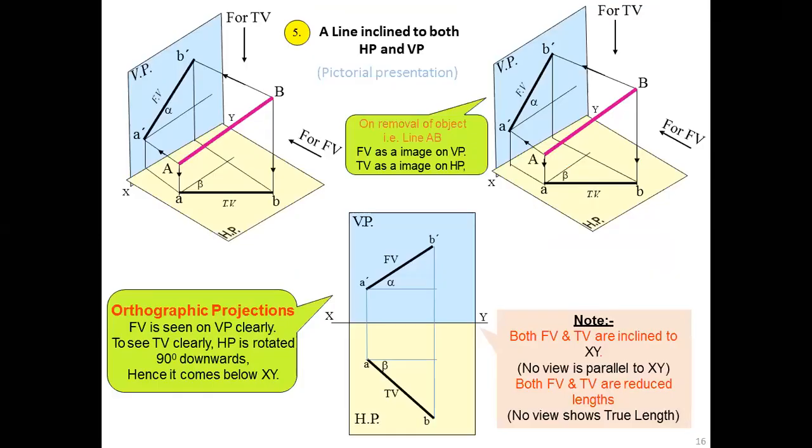So if it is inclined to both the planes, in both the planes you can see the true length, plus in both the planes you can see the angle of inclination, referred to as alpha and beta. See here, pictorial representation.